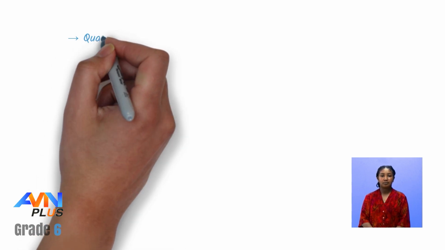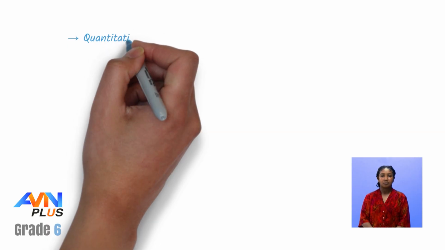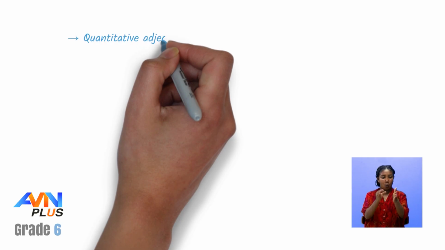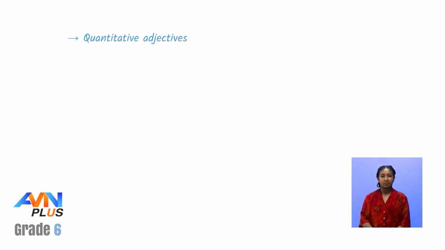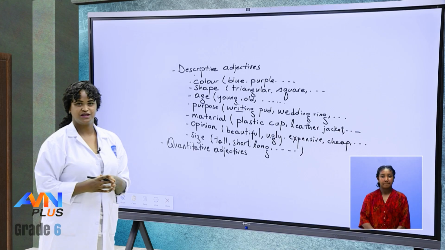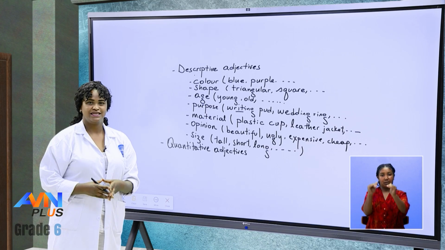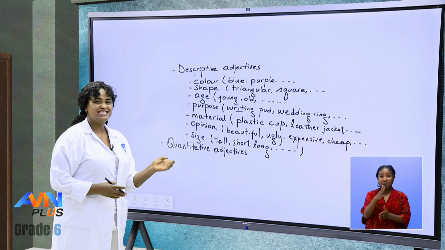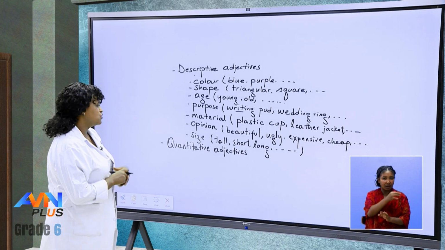The second type of adjectives are quantitative adjectives. Adjectives that can help you tell the quantity. Here under quantitative adjectives, you might find the indefinite adjectives, which say what?